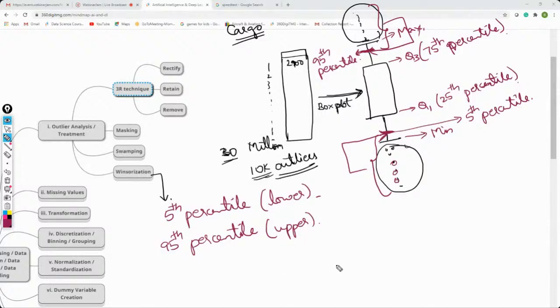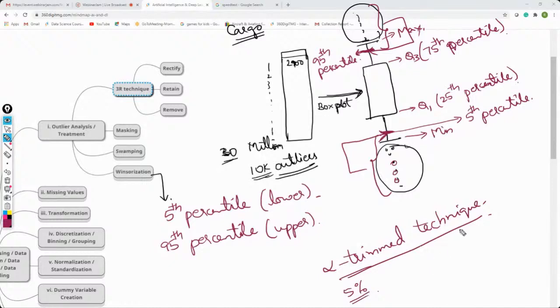There is also another technique called the alpha trimmed technique. In the alpha trim technique, you say, I want to trim off 5%. All the lower 5% values and all the upper 5% values are trimmed off, removed, and you forget about them.